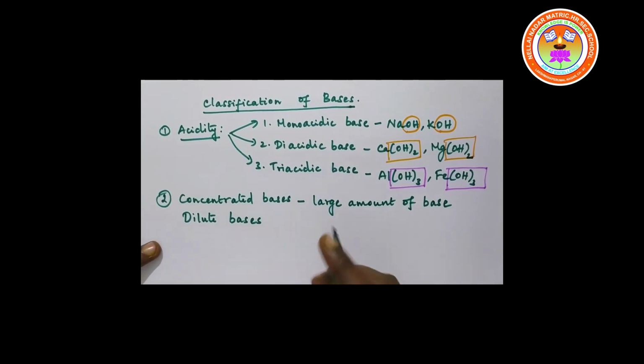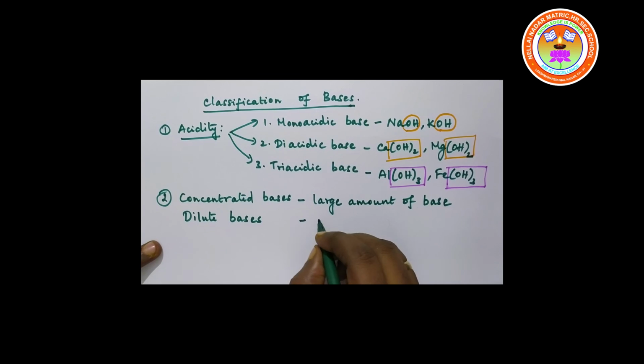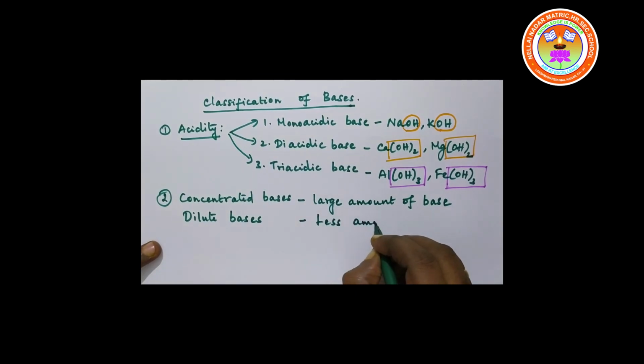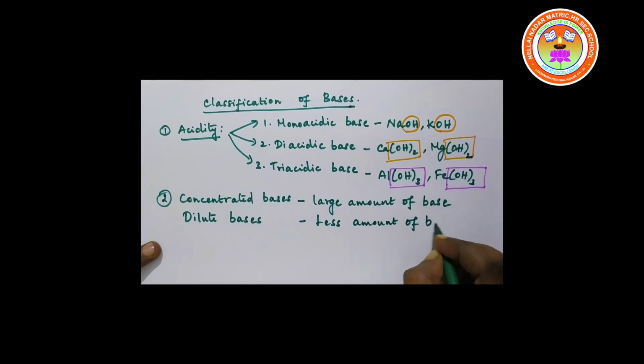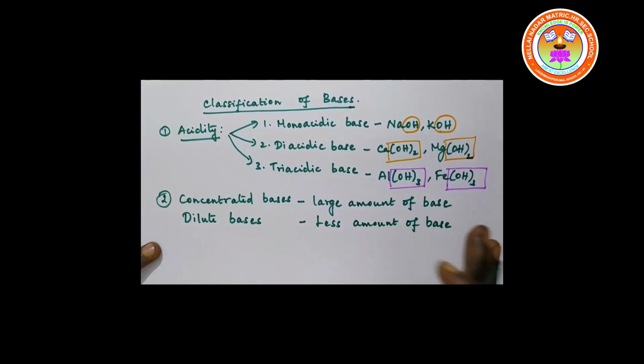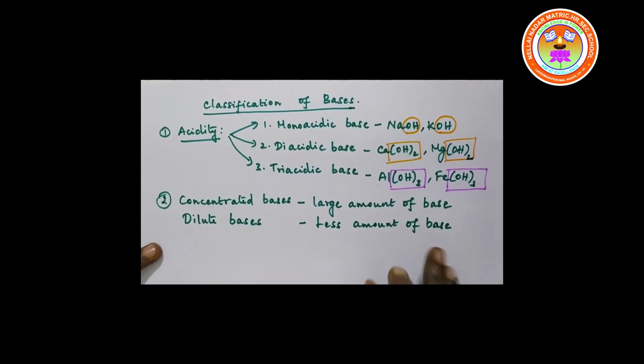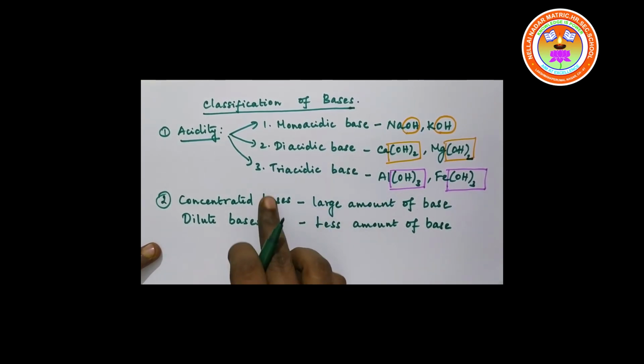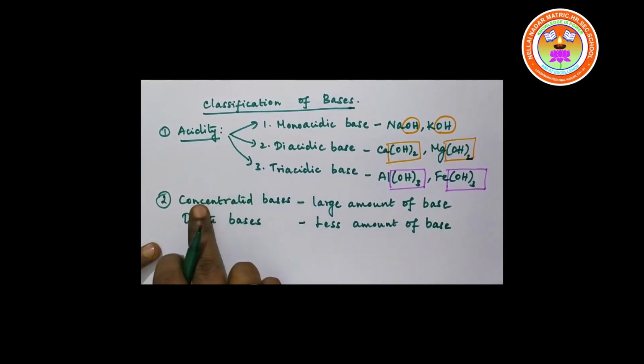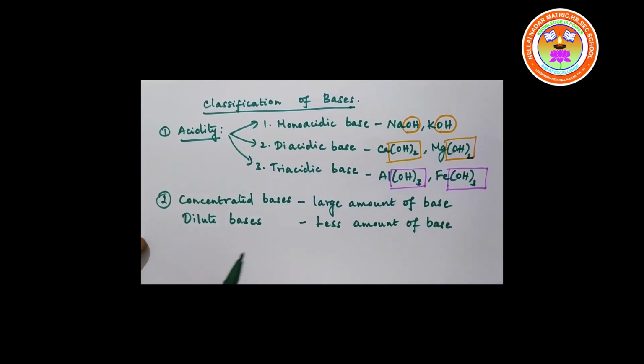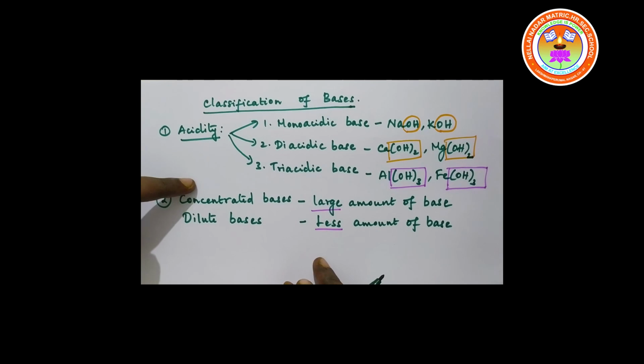Dilute bases have relatively less base when compared to the solvent in which they are dissolved. In concentrated bases the amount of base present in the solvent is large, but in dilute bases it is less. So they are classified as concentrated alkalis and dilute alkalis.